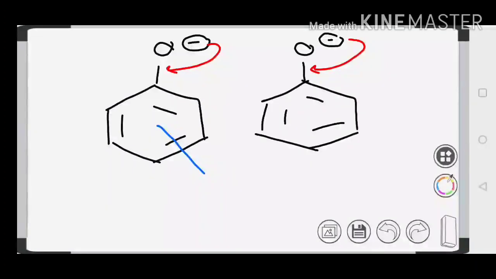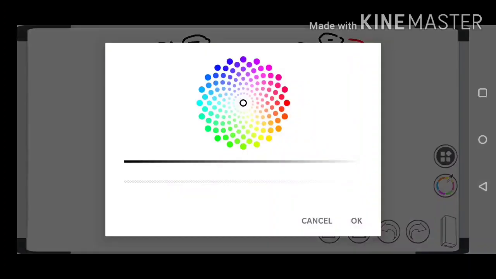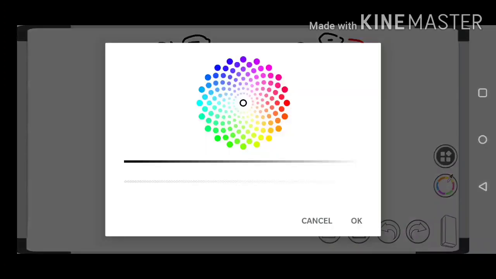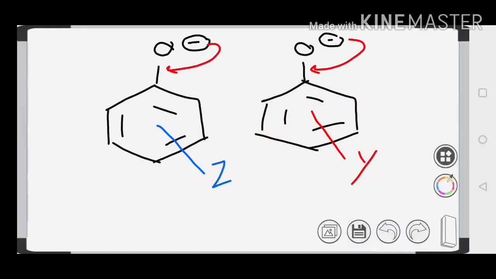Now if there is a substituent present here, in blue I have written Z, and with another color, see the position, it can be anywhere, I write Y. So Z and Y are not the same, the electronic effect is not the same. Z, you can see the arrow of electrons, actually withdraws the electron, so it lowers the electron density within the ring.